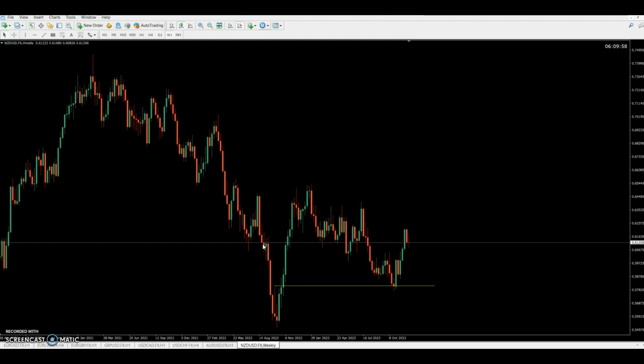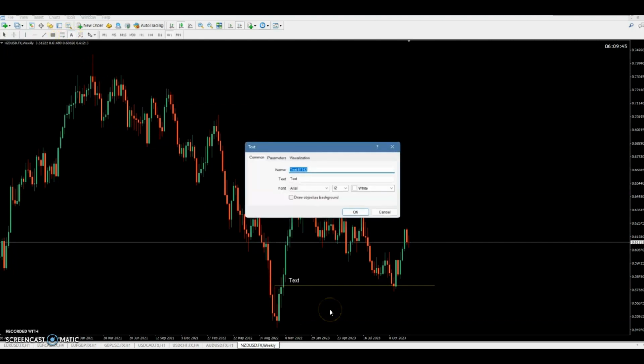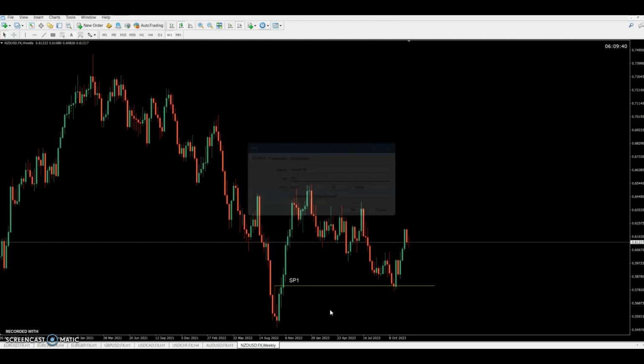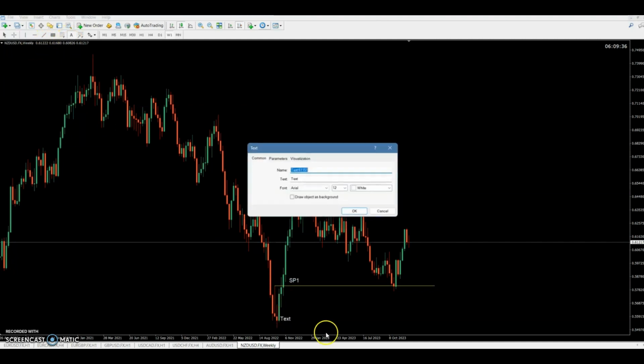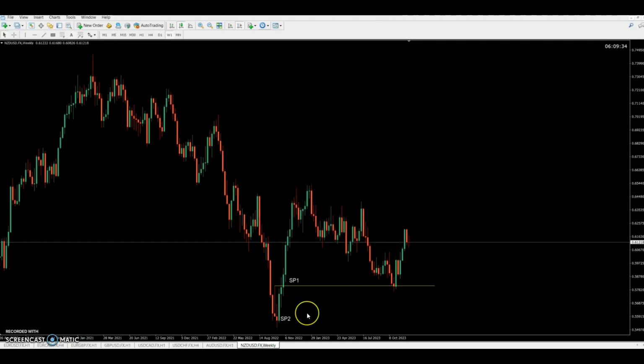When we're looking to go upward, there are two areas that you need to be paying attention to. And this I like to call SP1. We can leave it all together, right? SP1. And then, of course, down here, this is going to be SP2, support zone number 2.